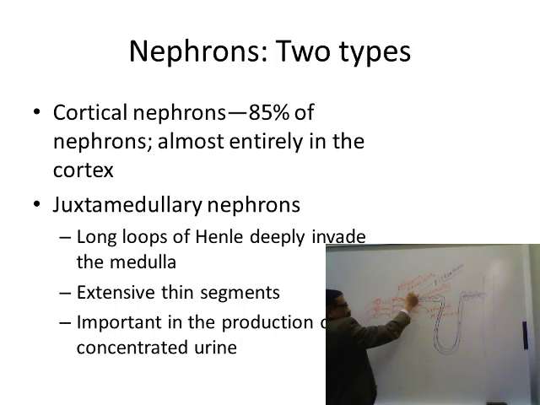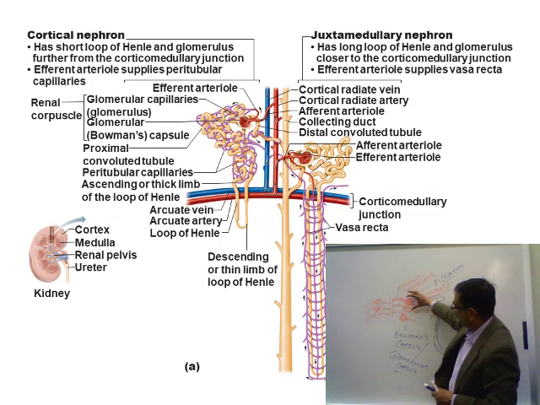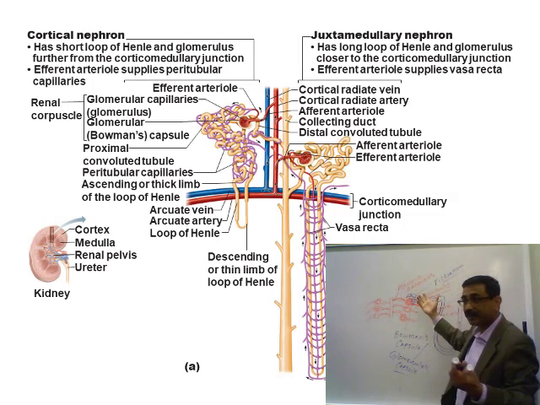This part is called the Bowman's capsule, also known as the glomerular capsule, which makes sense. So Bowman's capsule or glomerular capsule is the part of the nephron that covers the glomerulus.